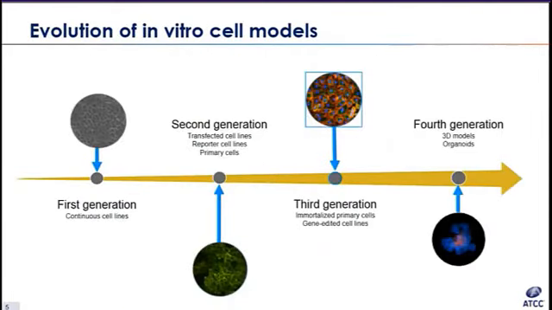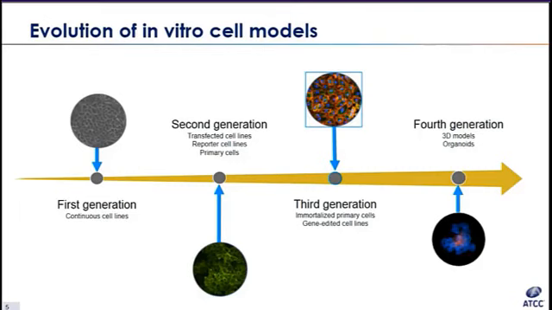In vitro cell models have grown in complexity and functionality. It all started with continuous cell lines isolated from tumors or discovered through spontaneous or induced mutation. Next came transfected or transduced cell lines that we genetically manipulated along with the development of primary cells, which are isolated from primary tissues. This did require the development of specialized isolation procedures and media.